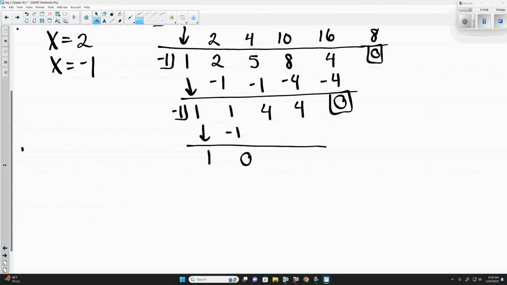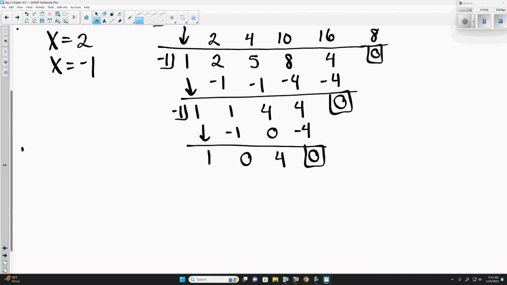Negative 1 times 0 is 0. 4 plus 0 is 4, negative 1 times 4 is negative 4, and 4 plus negative 4 is 0. And that's it for that one there.